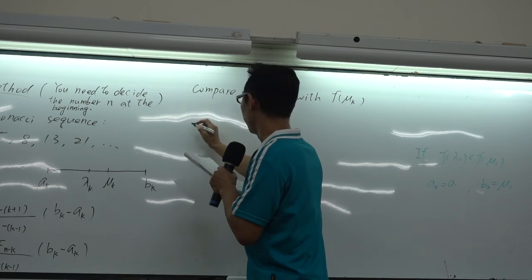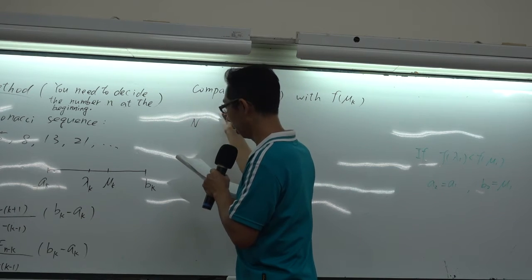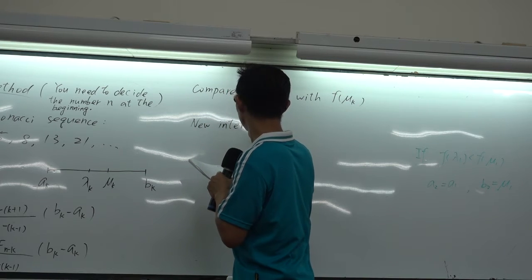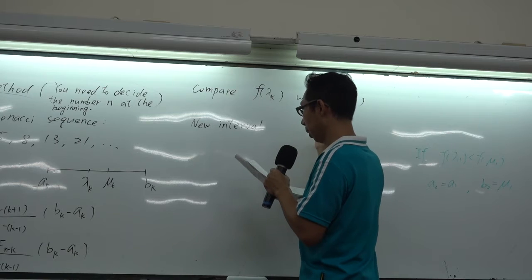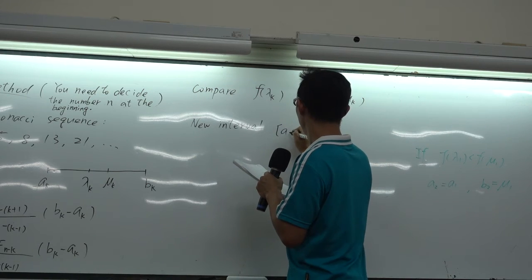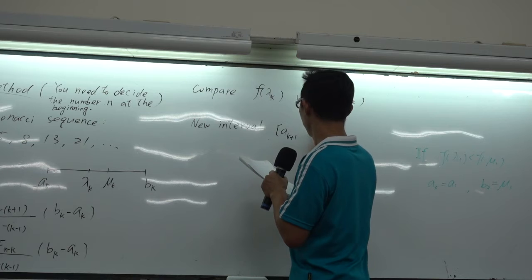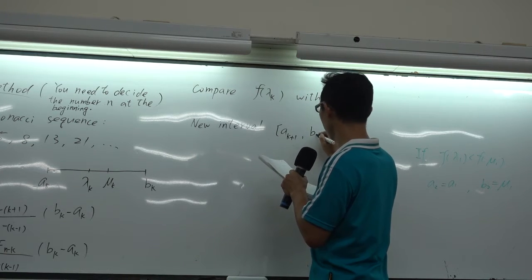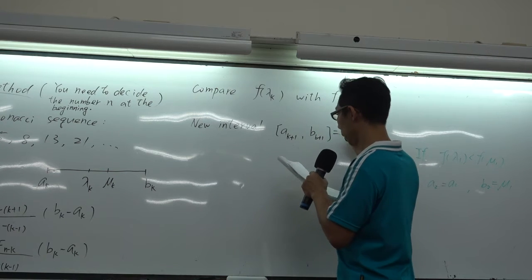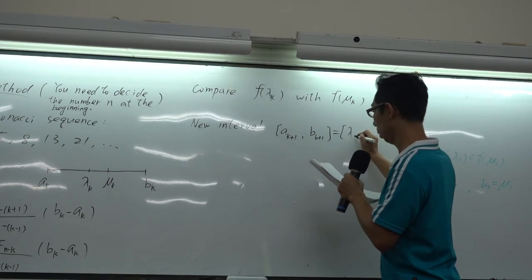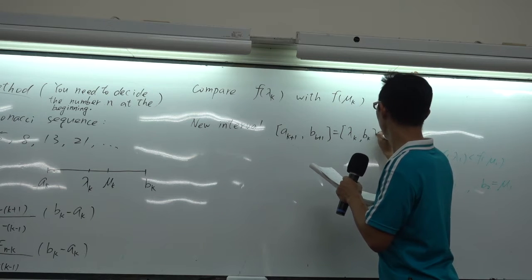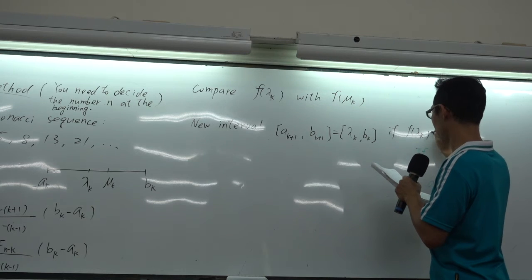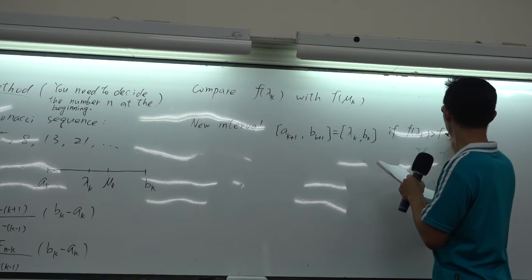So, anyways, the new bracket, or the new interval a k plus 1, b k plus 1, is either lambda k, b k if f of lambda k is greater than f of mu k, right?